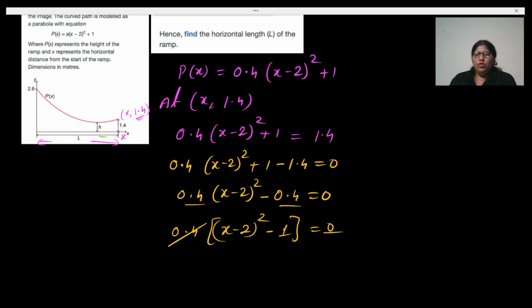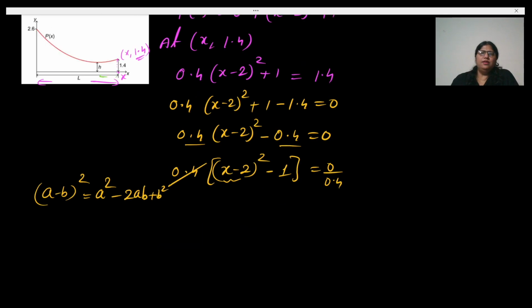Now 0.4 will become 0, and using the (a minus b) whole square identity, (a minus b) squared is a squared minus 2ab plus b squared. So x squared, minus 2ab will be 2 into x into 2, which is minus 4x, plus 4 minus 1 equals 0, which is x squared minus 4x plus 3 equals 0.